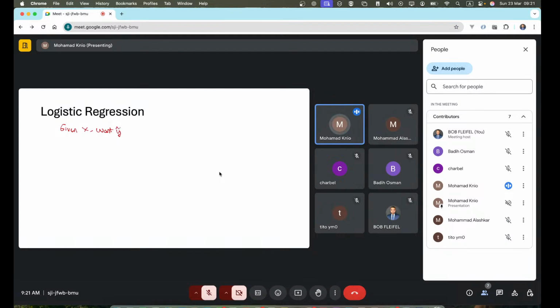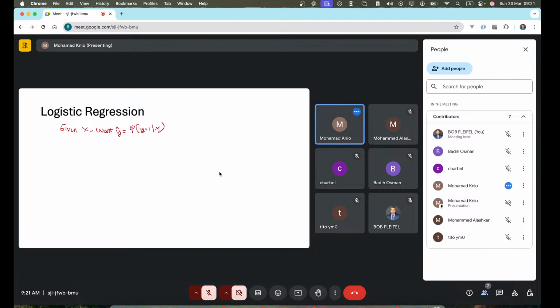Basically, y hat is the probability of the chance that y is equal to 1. So y hat is equal to the probability that y equals 1, given the features of x. It's a pretty simple understanding of y hat.